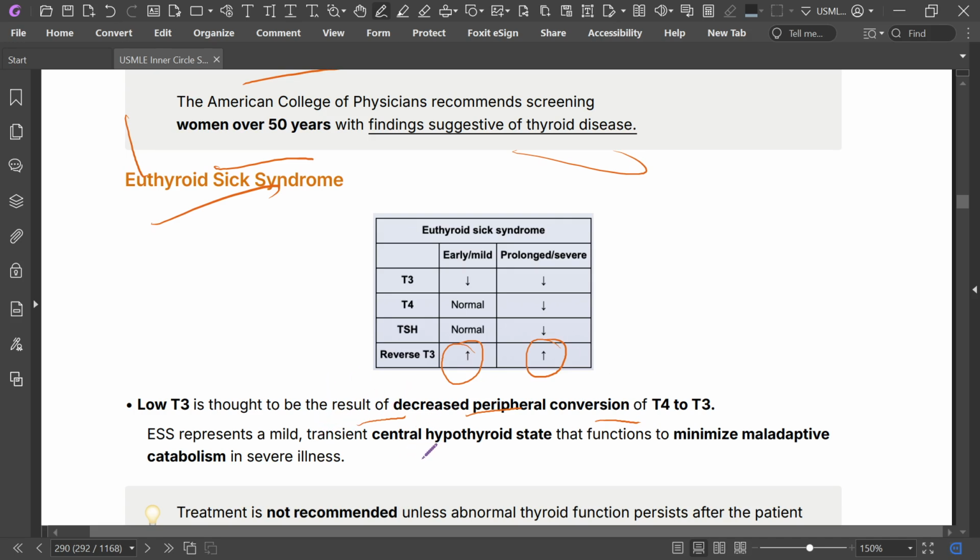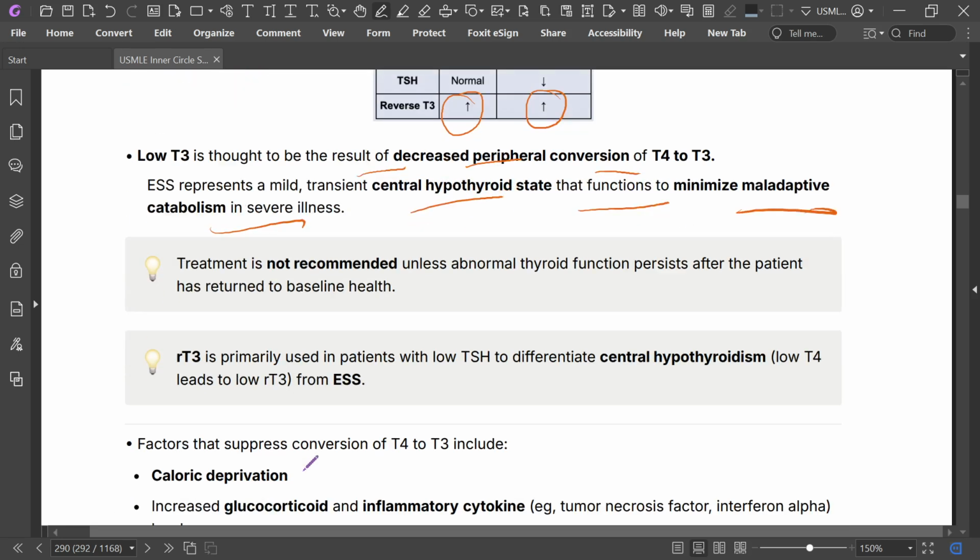Euthyroid sick syndrome is a transient central hypothyroid state that functions to minimize protein catabolism. In severe illness, treatment is not recommended unless abnormal thyroid function persists after the patient has returned to baseline. Reverse T3 is primarily used in patients with low TSH to differentiate central hypothyroidism from euthyroid sick syndrome.